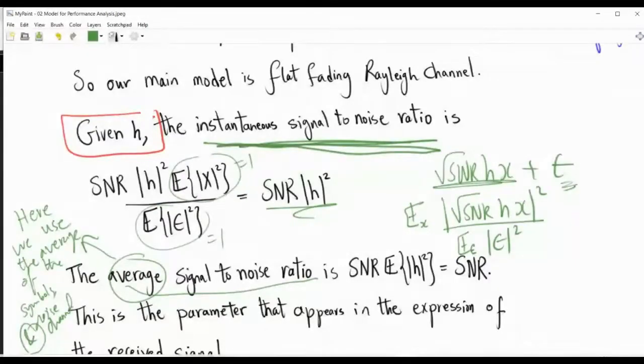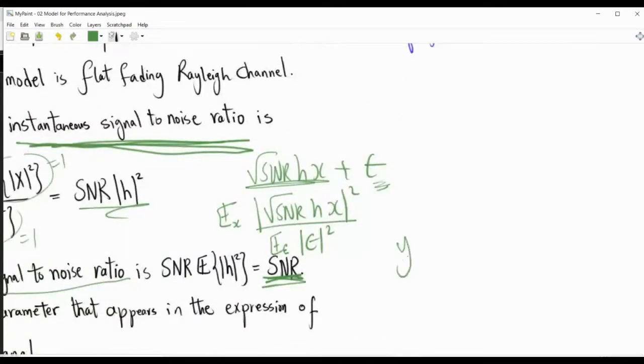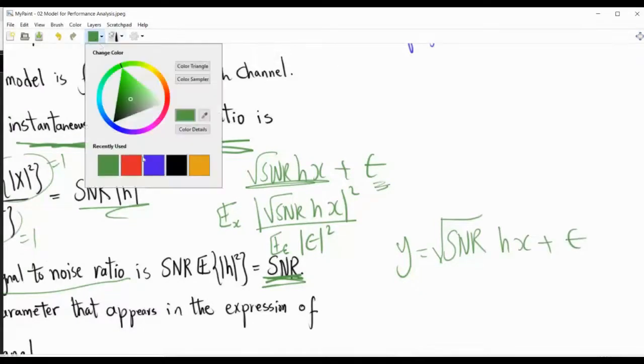You take the expectation of this thing with respect to the channel, and since we take the channel to be CN(0,1), the variance is 1, and then you get this parameter. This parameter I will put in the received signal model. It has a meaning. I will write y = square root of SNR times h x plus epsilon.